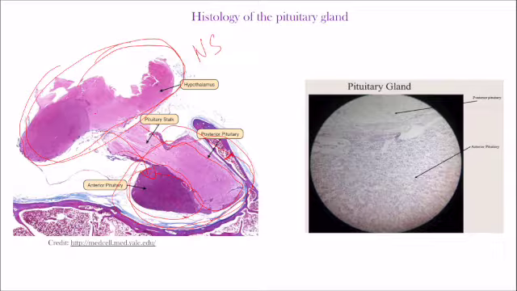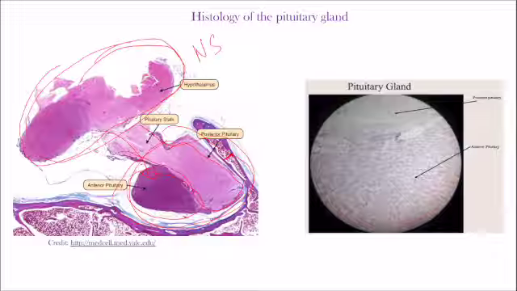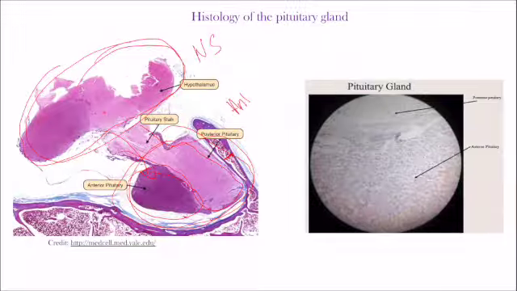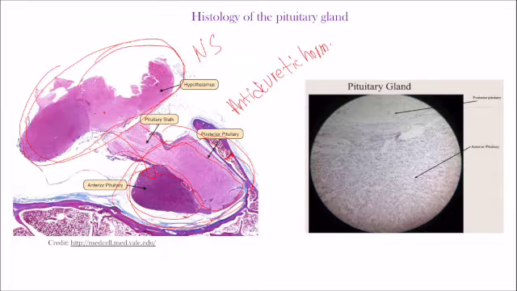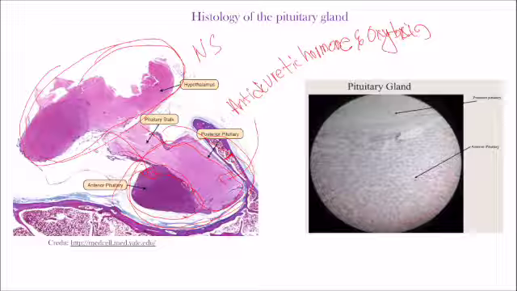The hypothalamus also produces antidiuretic hormone and oxytocin, which are stored in the posterior pituitary. The posterior pituitary doesn't produce them. These two hormones are produced by the hypothalamus but stored in the posterior pituitary.